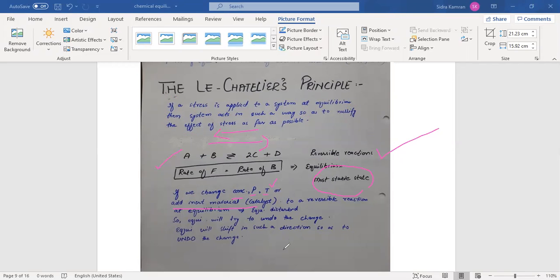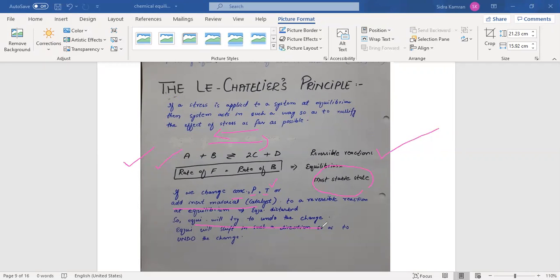And according to Le Chatelier's principle, this reaction wants to attain its equilibrium position again by undoing the change. Equilibrium is disturbed by changing pressure, concentration, temperature, or adding a catalyst. The reaction wants to attain the equilibrium condition, so that's why the equilibrium state will try to undo that change.